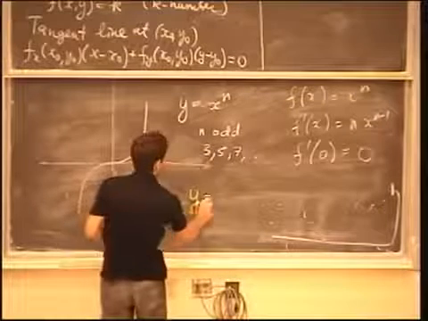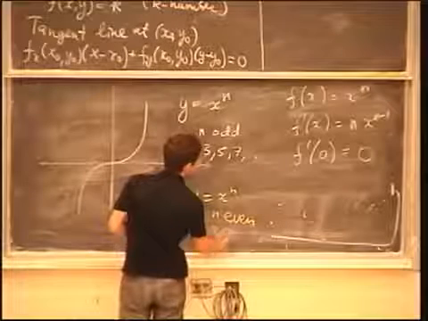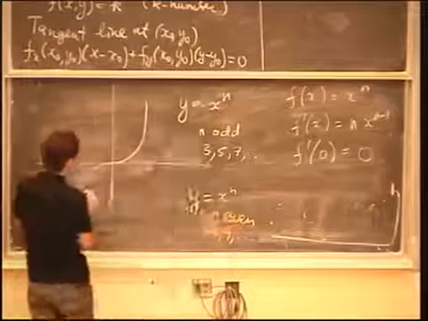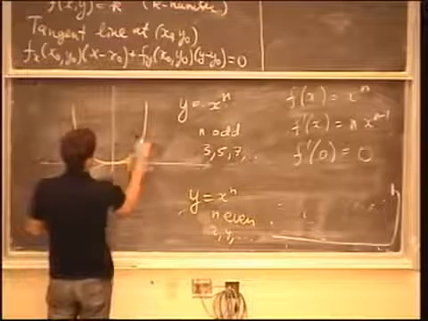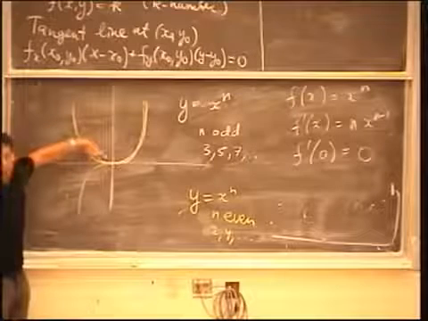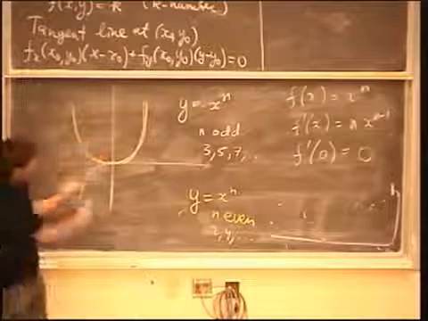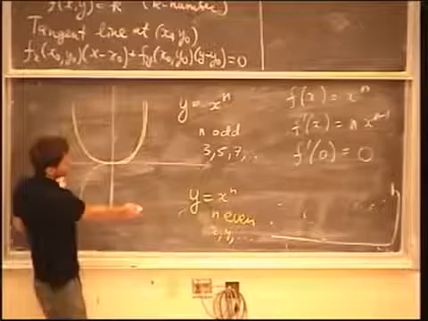But if you have x to the n where n is even, so it's 2, 4, and so on, then it's going to look like this instead. And so in that case, it is okay. It is actually a point of a local maximum or minimum. A local minimum in this case, but if it were negative, it would be a maximum.